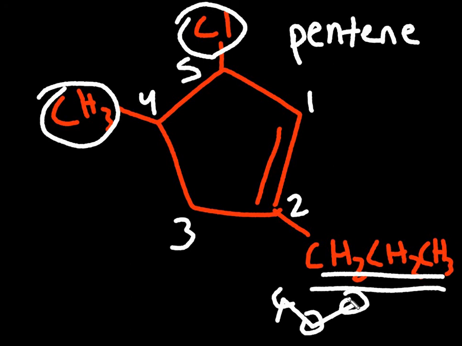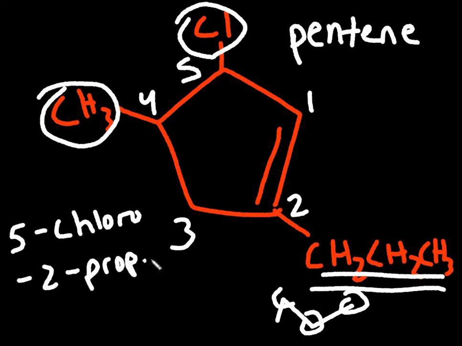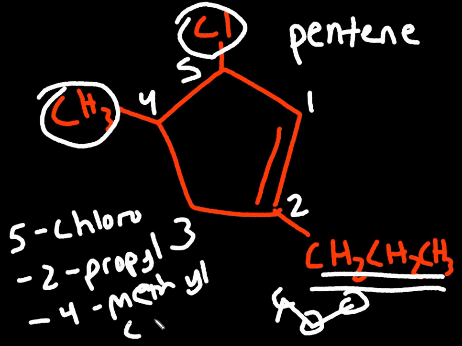It means there's a propyl group that's there. So we have 5 chloro, 2 propyl, 4 methyl cyclopentene.